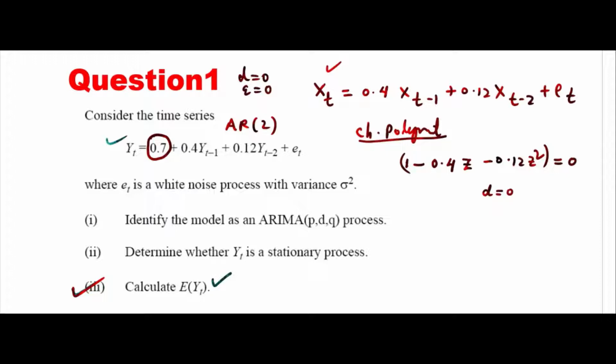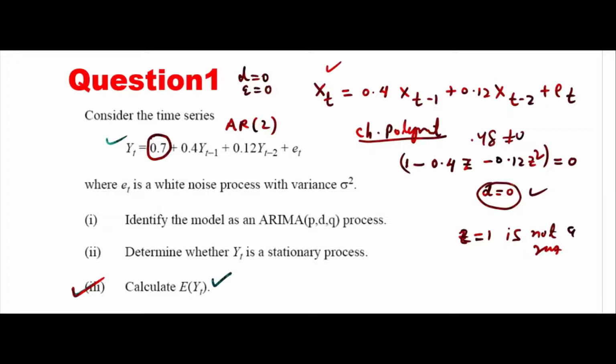Sorry, I have to put z equal to 1 here. If you put z here, I am not getting 0 on the left hand side. This is 0.48 that I am getting, which is not equal to 0. So 1 is not a root of the equation. So if 1 is not a root, then D will always be equal to 0. That is what you need to check.